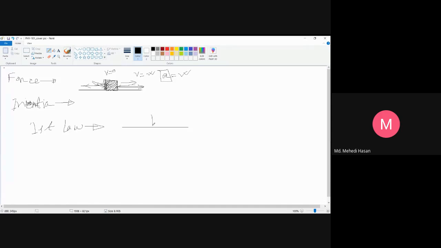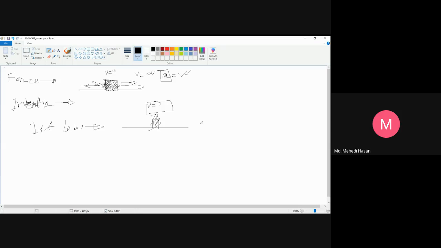Say the object is on that surface, here initially velocity is 0. So if we apply no force, then the velocity of that object remains 0. The object will remain in a stationary state at that point.